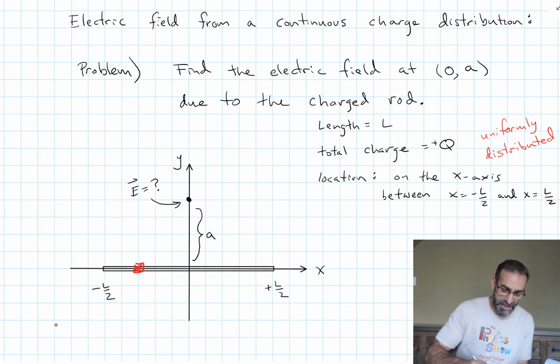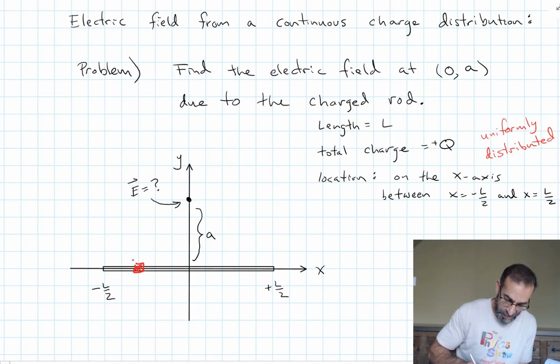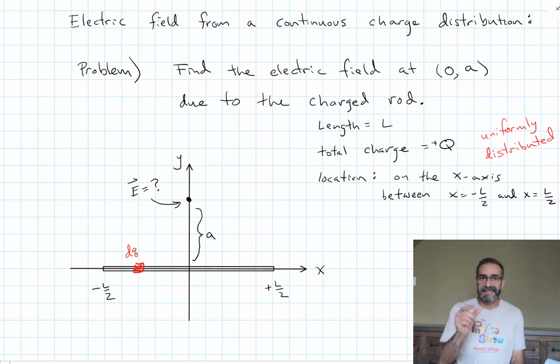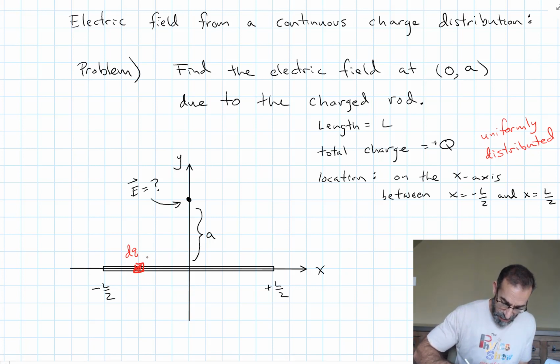And we know that a point charge would produce an electric field at our point of interest, x equals 0, y equals a. This little red chunk, I should call it dq, because it's a little tiny chunk of the whole charge, would produce an electric field that points in this direction.